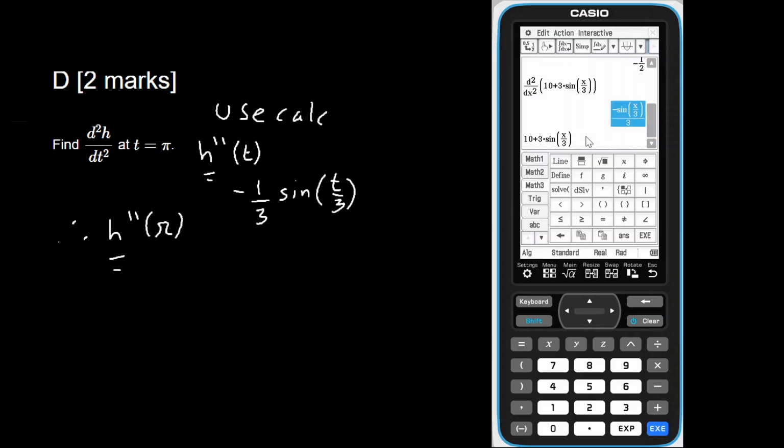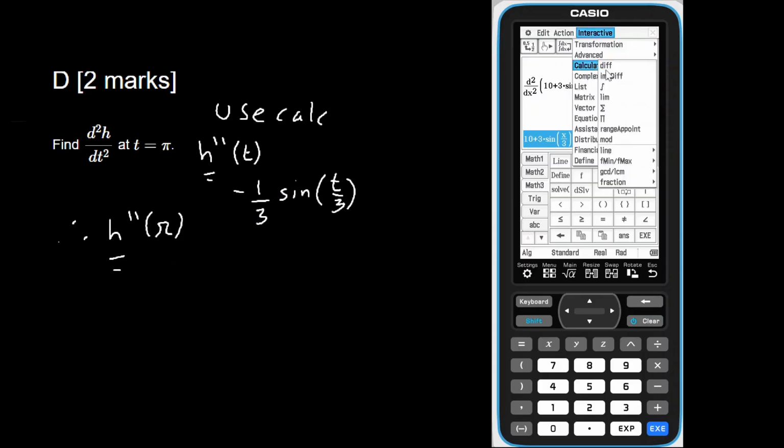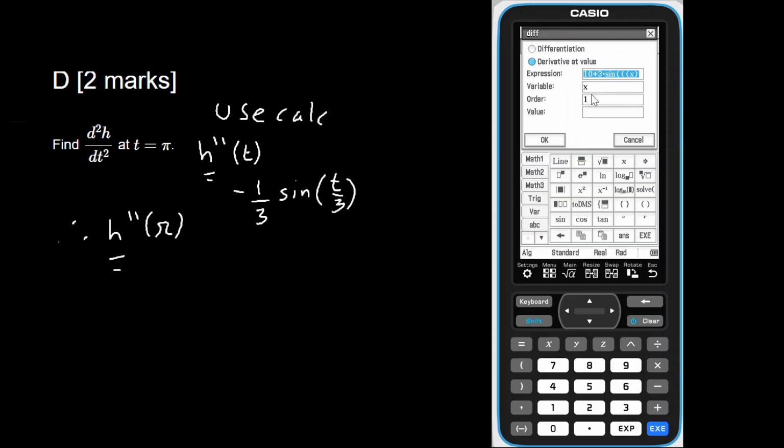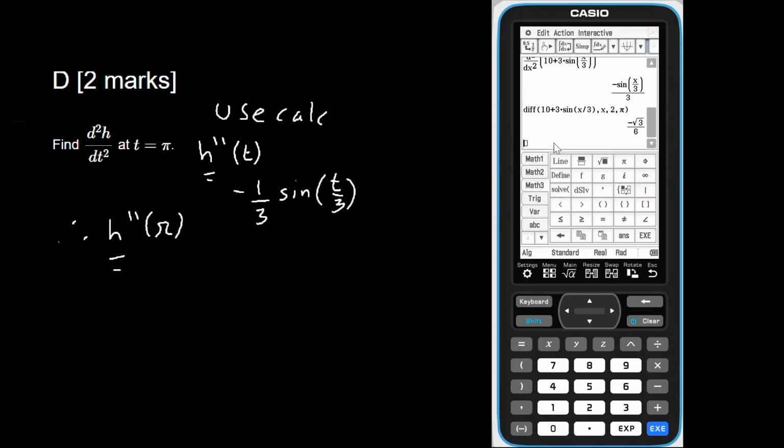So you can either grab it out like that, or we can grab this whole thing and say interactive calculation diff, differentiate at value. We're going to the second order, and we're going to find the value at pi. And then that is equal to minus 3 and 6. Okay, and you can say use calc.